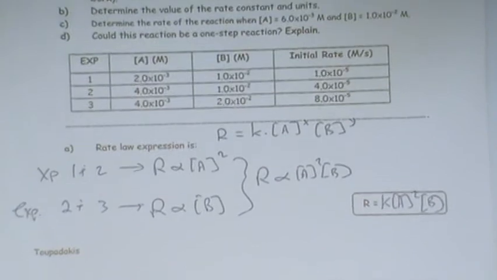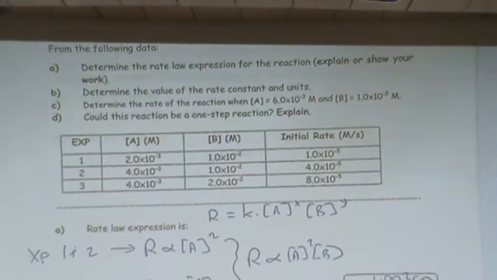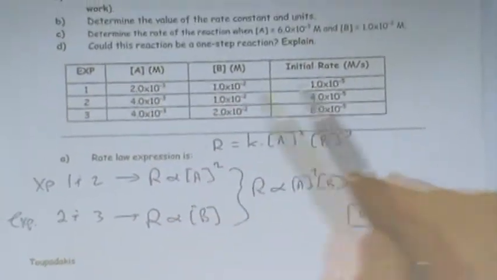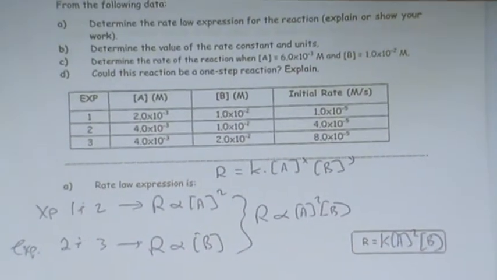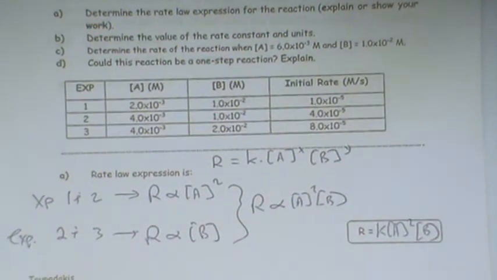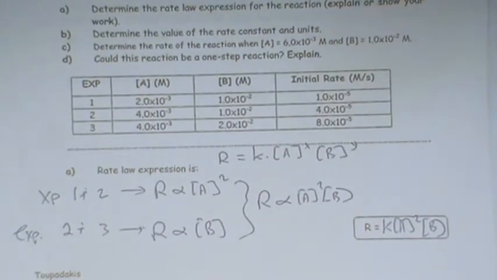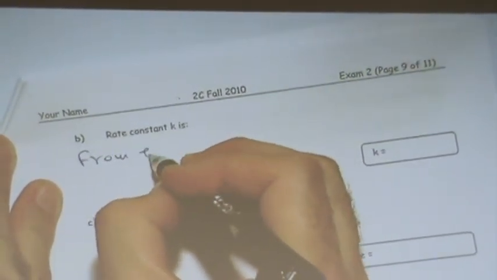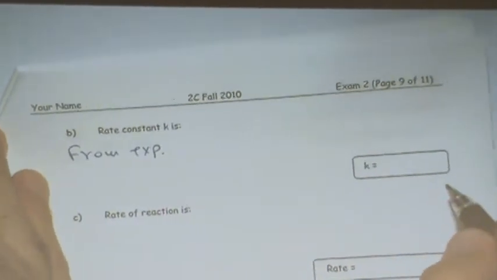Now it tells us to find the rate constant. If you know the rate law, you can find the rate constant by applying any of these 3 lines. Any experiment you use, you get the same answer. So you can go with any experiment, as I said before. Let's do it from experiment, let's say, 1.